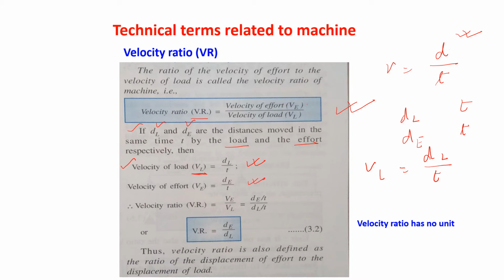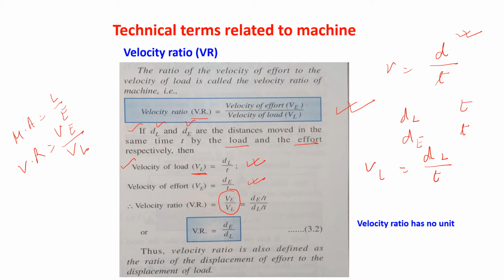Now the velocity ratio is equal to velocity of effort by velocity of load. Mechanical advantage is equal to load by effort, but velocity ratio is equal to velocity of effort by velocity of load. Don't get confused.